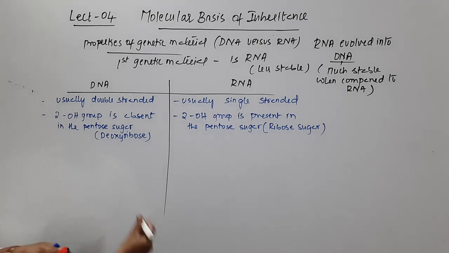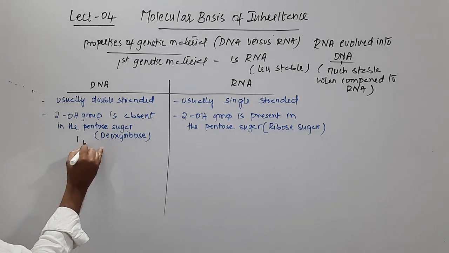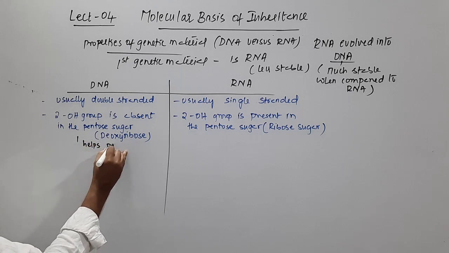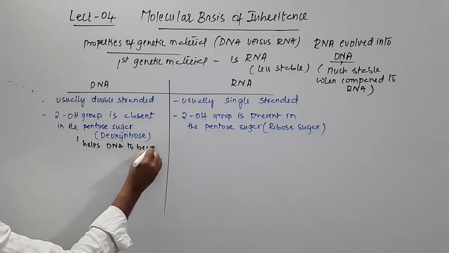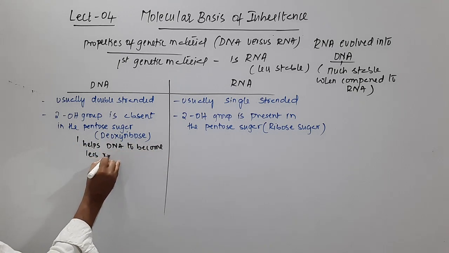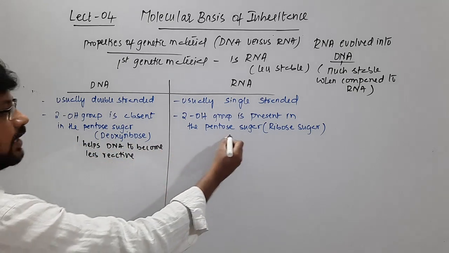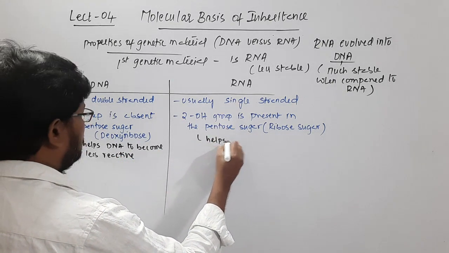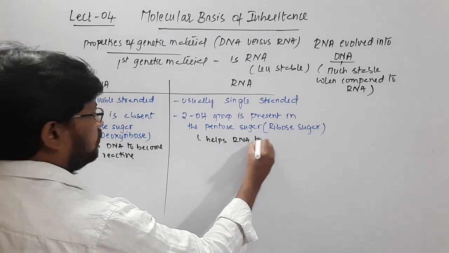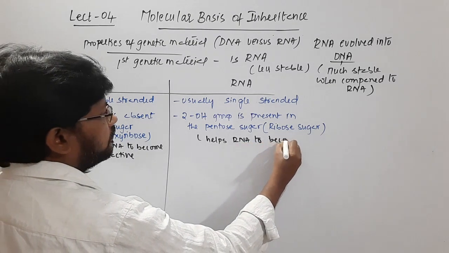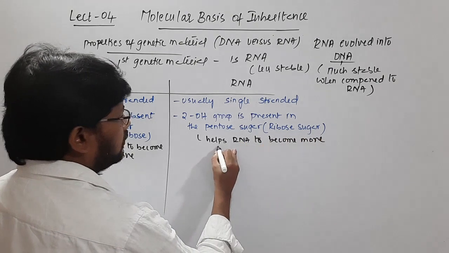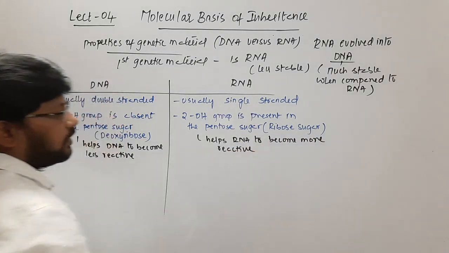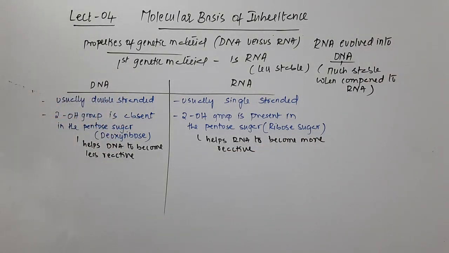So the absence of this second OH group helps DNA to become less reactive, while the presence of the second OH group helps RNA to become more reactive in case of pentose sugars.